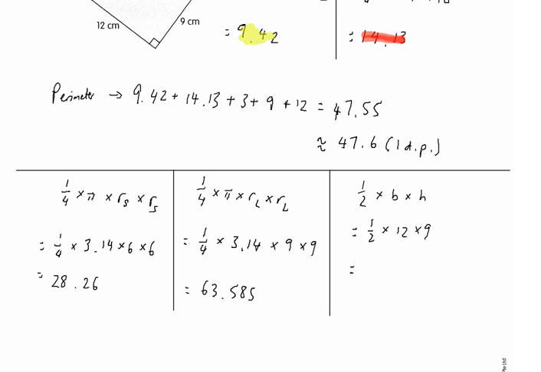Or half times 9 times 12 is the same, because it's base times height, right angle. Isn't it the same? No, we'll just use half times base times height. Okay? So it's 6 times 9. 6 times 9 equals how much, Clarence? 54, okay. So Clarence, what's your question?